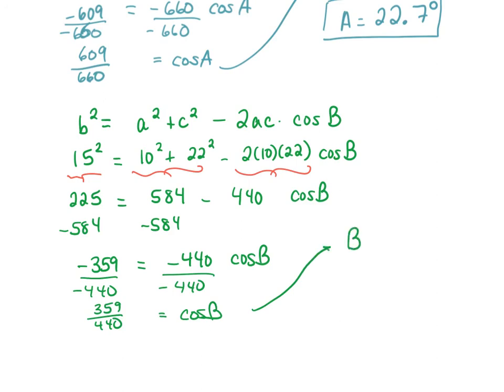So same idea, B is going to equal the inverse cosine of 359 over 440. The inverse cosine of 359 over 440 turns out to be 35.3. But of course you should check for yourself and make sure you get the same thing.